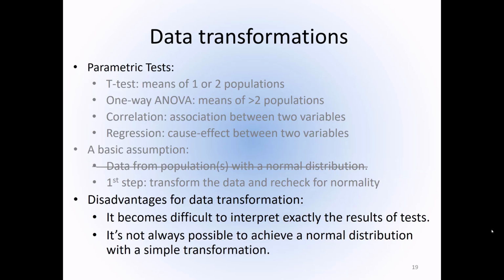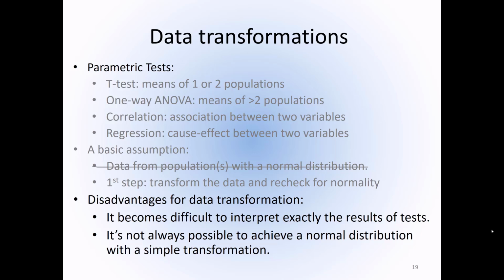So data transformations can be valuable because they can enable us to use these parametric tests in making sure that we meet the assumption of normality. But there are some disadvantages to doing this. One is that we can't always achieve a normal distribution just by transforming the data. Sometimes it's just going to be skewed and we're not going to meet that assumption.